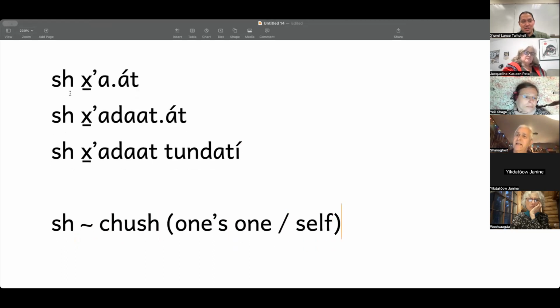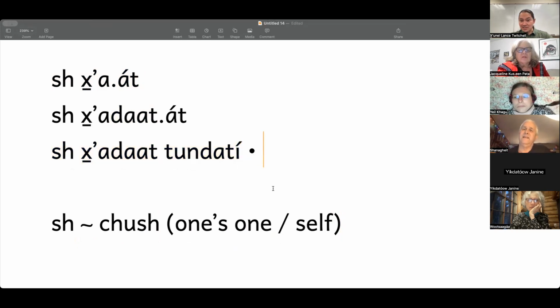And now you have sh'a'at. So it's like the things of one's own mouth kind of things, like one's own mouth thing. That's what you end up with. Sh'adat at, the thing around one's own mouth. Sh'adat tundati. Think about the things around your own mouth.